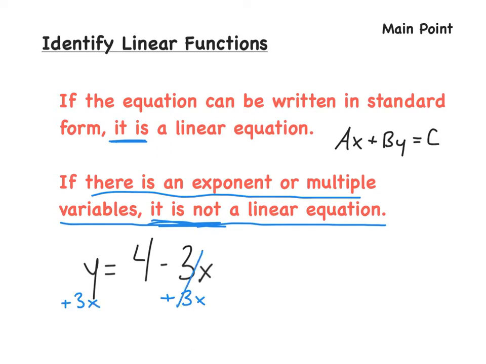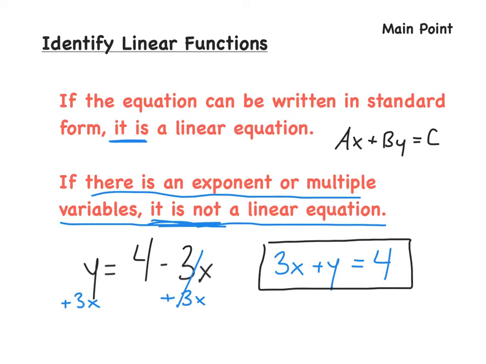And then if we rewrite it, we could have 3x plus y is equal to 4. So this is written in standard form. We have our x followed by y, and that's equal to our constant. So a is 3, b is 1, and c is 4. So y equals 4 minus 3x is a linear equation.